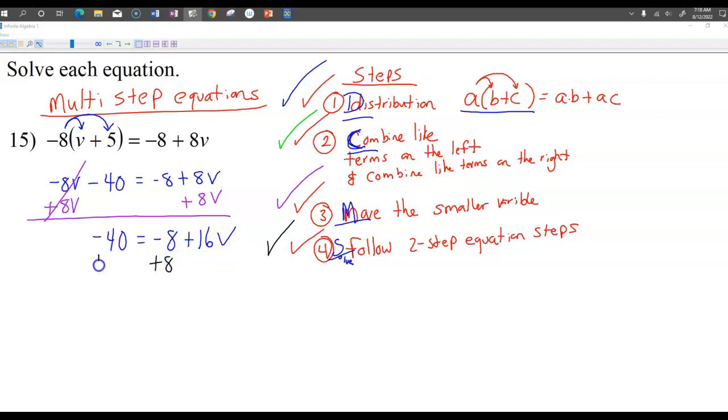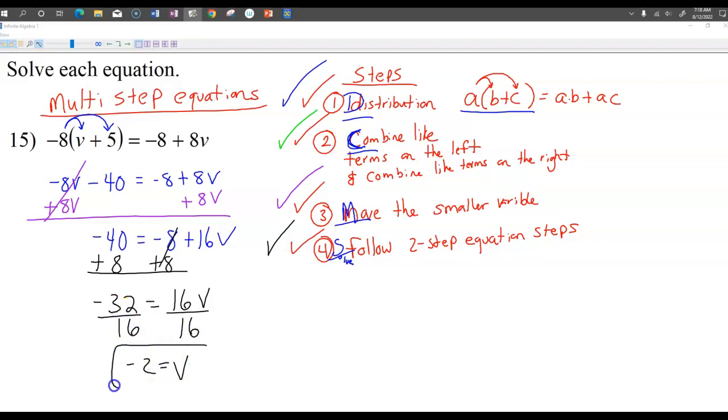Addition comes before division, and then division comes second. And there you go. So DCMS stands for distribute, combine like terms, move the smaller variable, and then solve means follow the steps for a regular two-step equation.